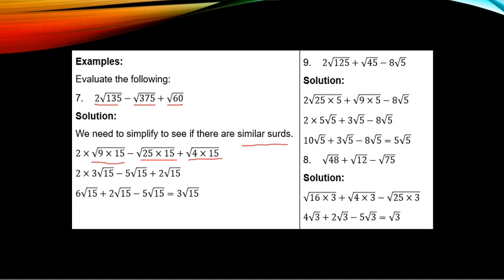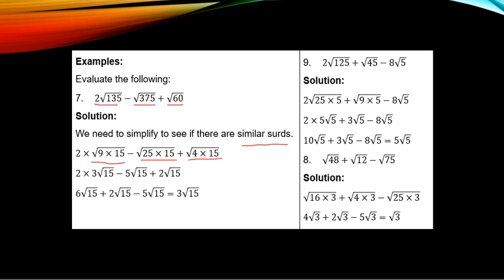So to avoid such a procedure, just look for the perfect square factor directly. So in the three numbers, we have 9, 25 and 4.